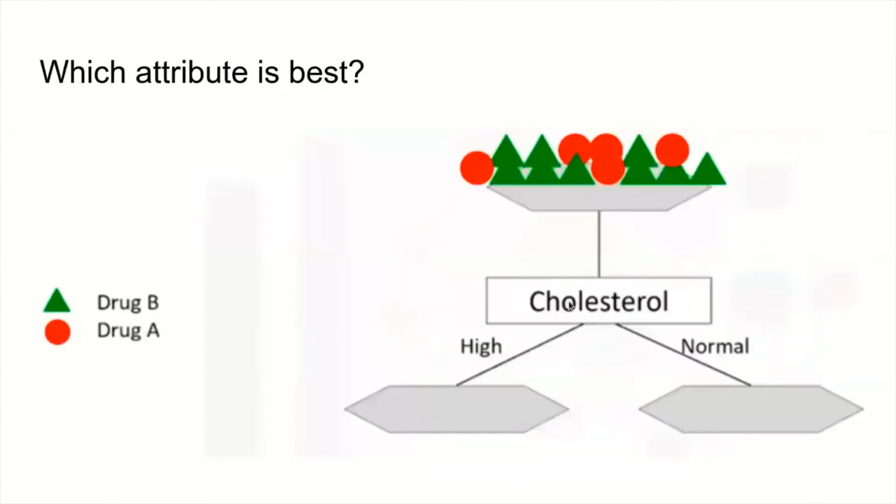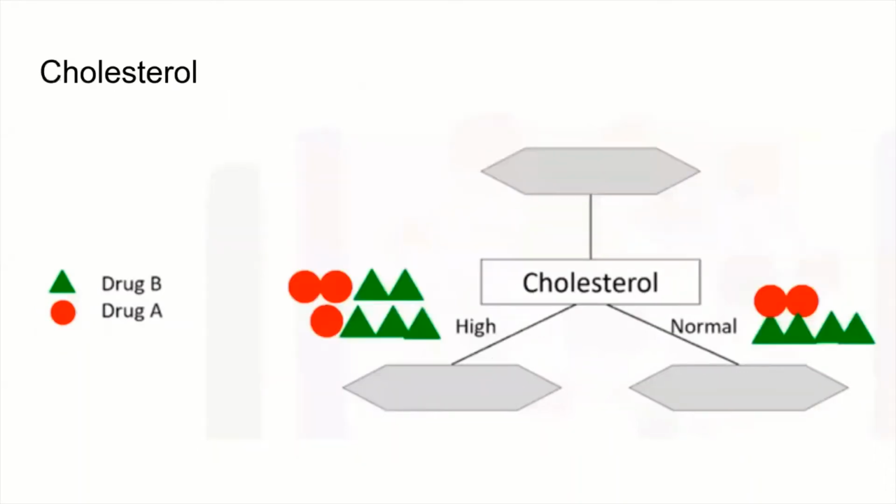So let's start with cholesterol, and what we're going to do is calculate the entropy with each partition. For cholesterol, we're going to have two partitions because cholesterol has two possible values. So now let's see how it is done. We've got these values and these values.